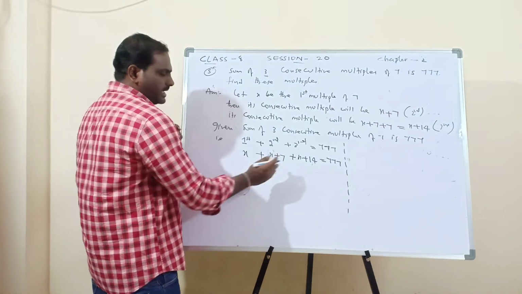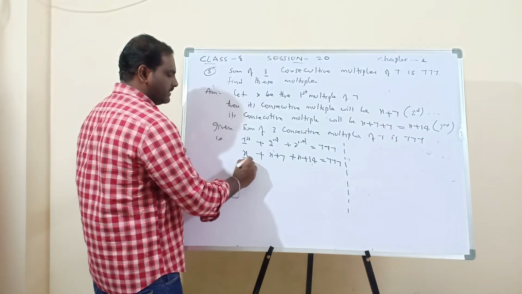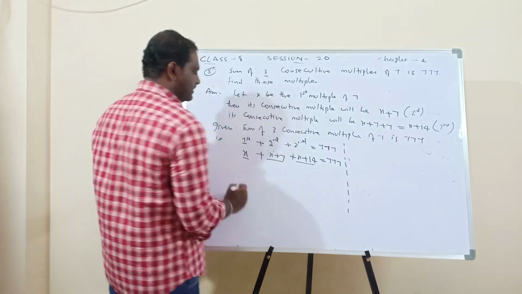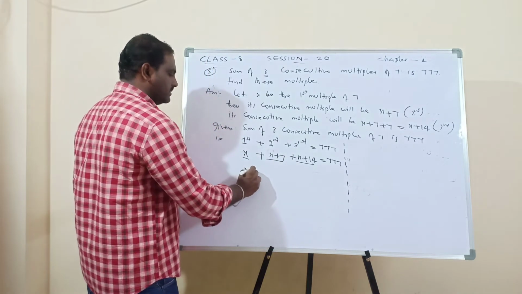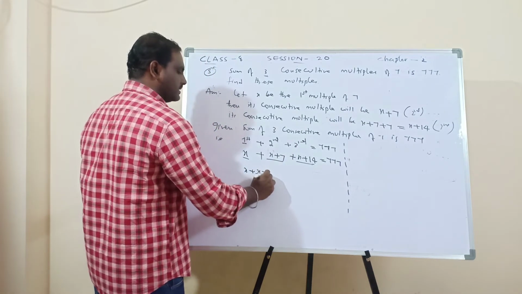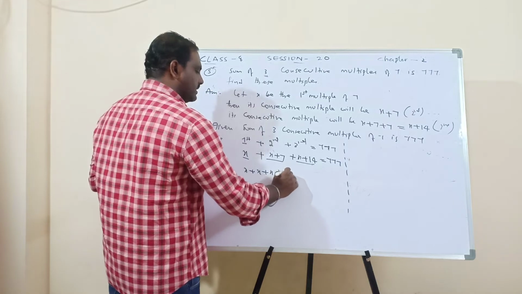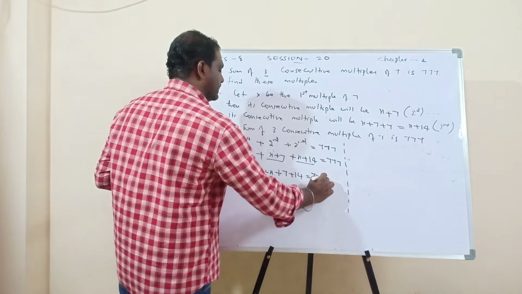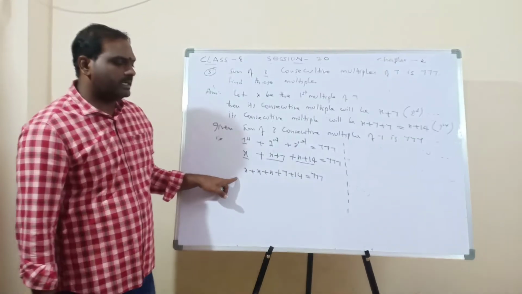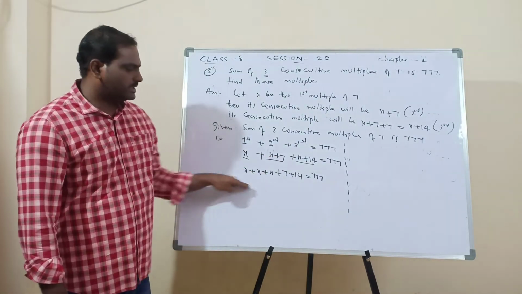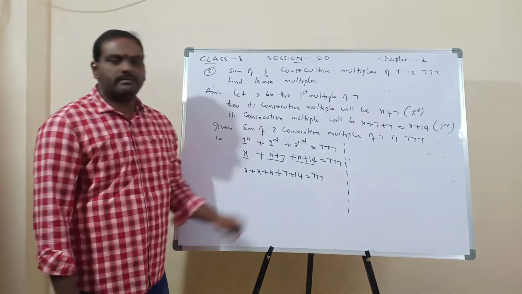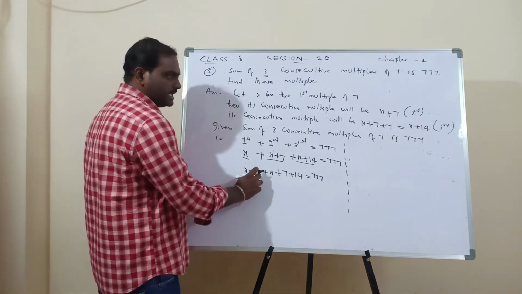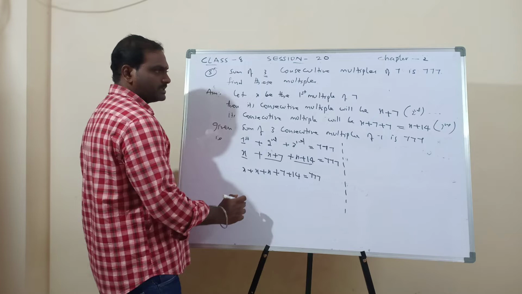Now I will write the variables on one side. x plus x plus x plus 7 plus 14 is equal to 777. I have written all the variables on one side and constants on one side. So what is x plus x plus x?